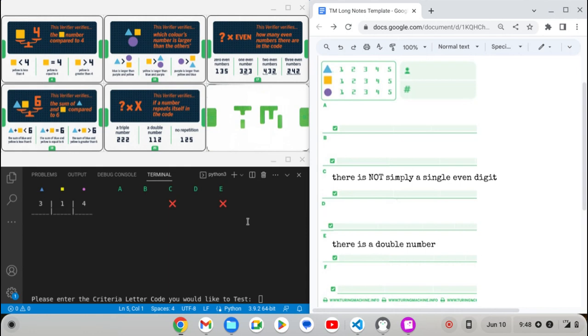I'm trying to think between A, B, and D, which is the best to test, because obviously I don't have 6 here, and I'm trying to figure out what is the best alternative.